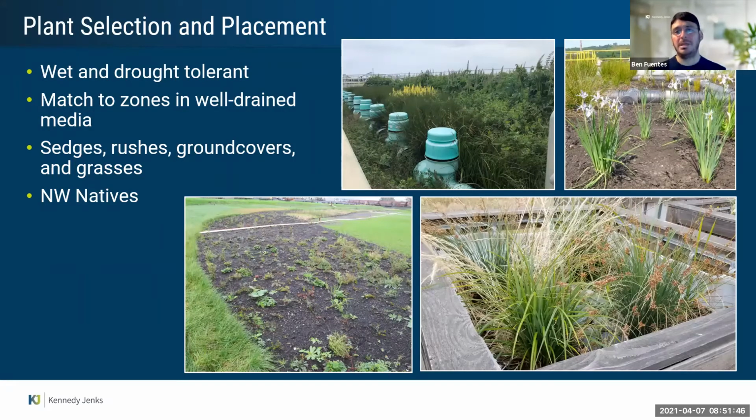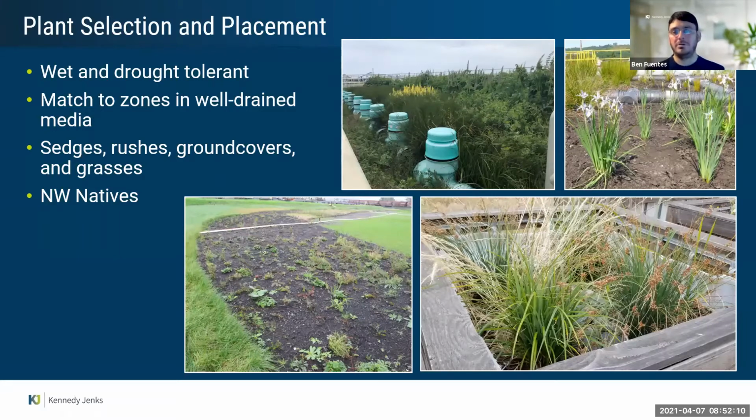But there are some common themes. Typically you're looking for pretty robust plants that can handle the very wet conditions and the very dry, and plants that will survive in a well-draining media. Again, this is biofiltration, so water's filtering through it. We're not wanting the water to sit there for a long period of time. We want the water moving through and out.